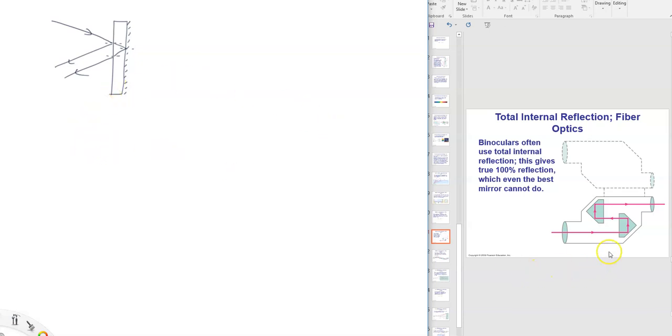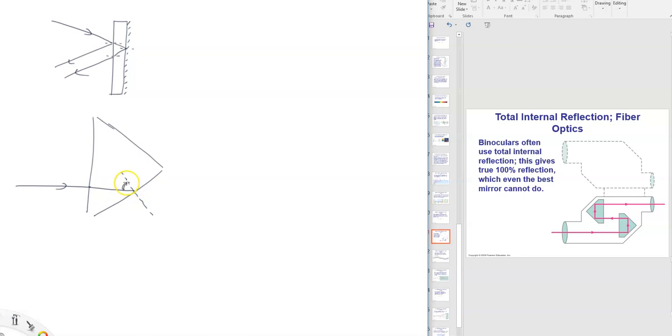Here, if you look at this arrangement, there's a prism. Light comes in. Over here, the light does not bend because it's hitting perpendicular to the surface. Here's the first surface it strikes with an angle.